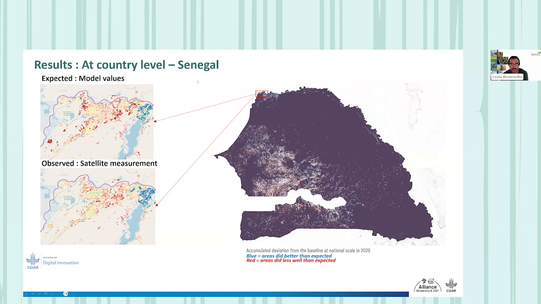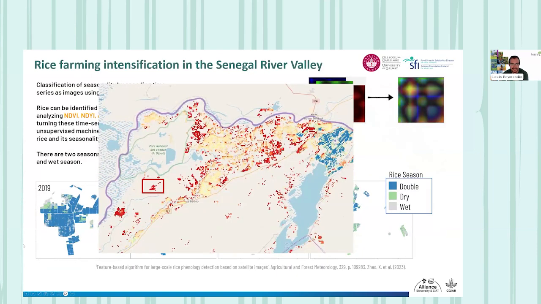Here is a zoom on the Senegal River Valley that we will see in more detail later today. We can see in blue areas where there seems to be an improvement in vegetation and cropland status, and in red areas where there is a negative deviation, so the performance is less good than expected.